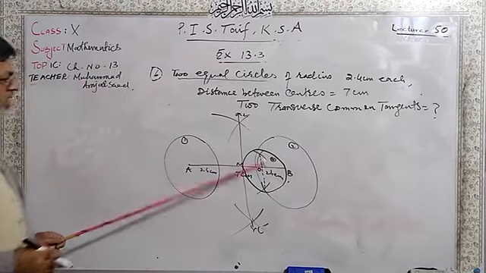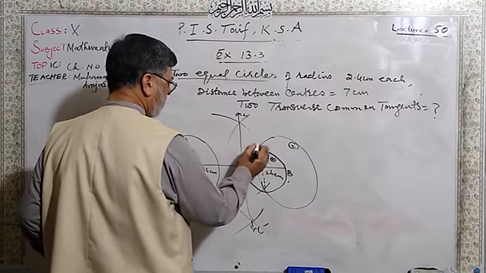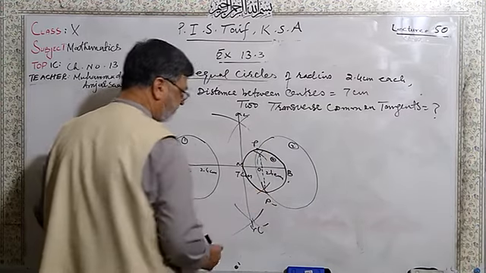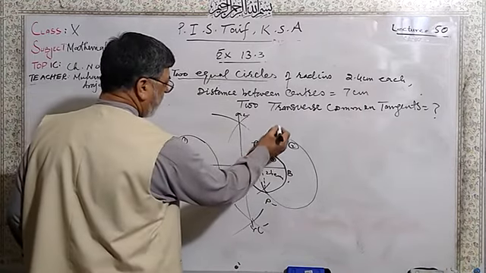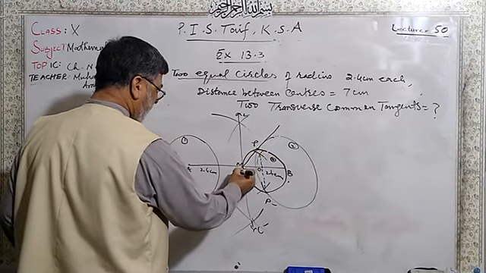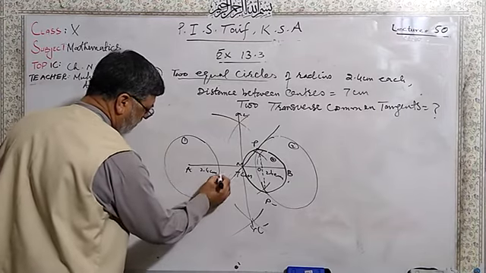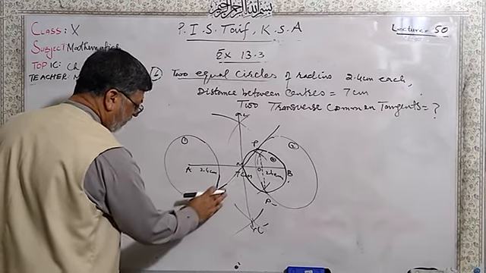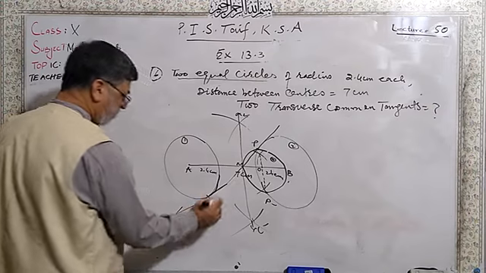This circle is touching circle number 2 at points, suppose P and P dash. Now you can draw the line passing through P and M and touching the next circle at point Q.